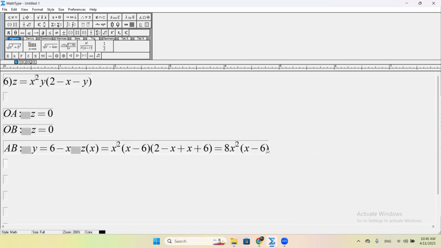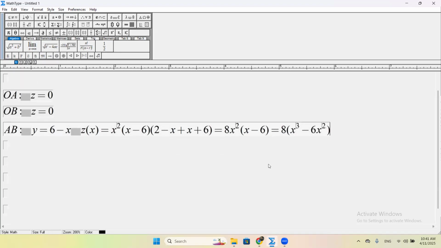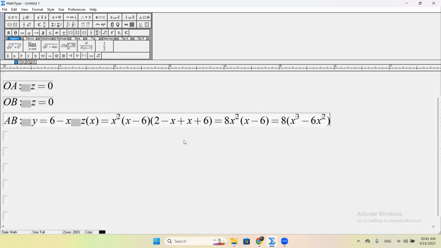And also let's expand brackets. Or I will just move x squared into the brackets, minus 6x squared. So now we can differentiate this expression.